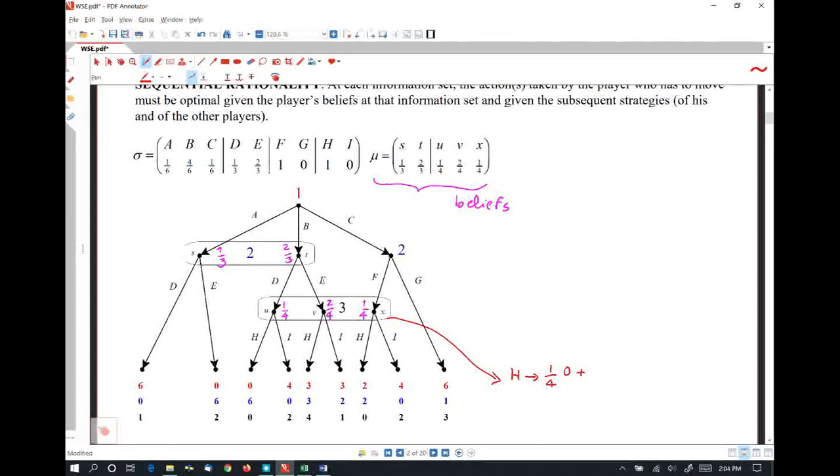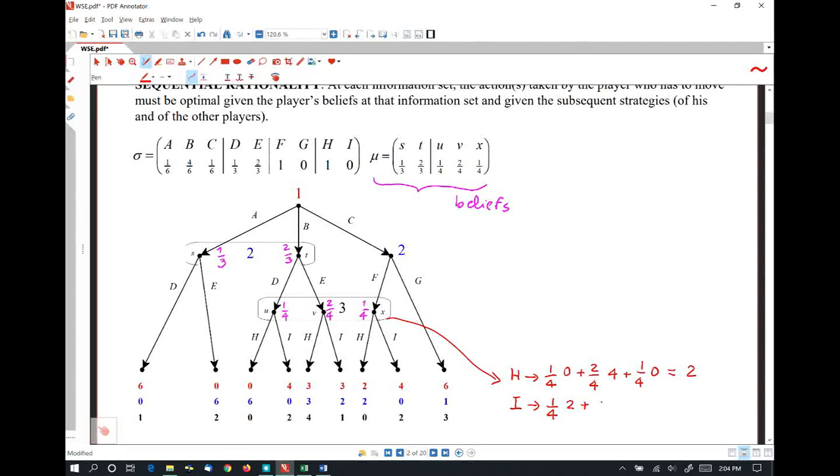And with probability 2/4, he is playing at node V, where with H he gets 4. And with probability 1/4, he is playing at node X, where his payoff is 0. So here we have that his expected payoff from playing H is 0. If he plays I, then with probability 1/4, he's doing so at node U, where he gets a payoff of 2.